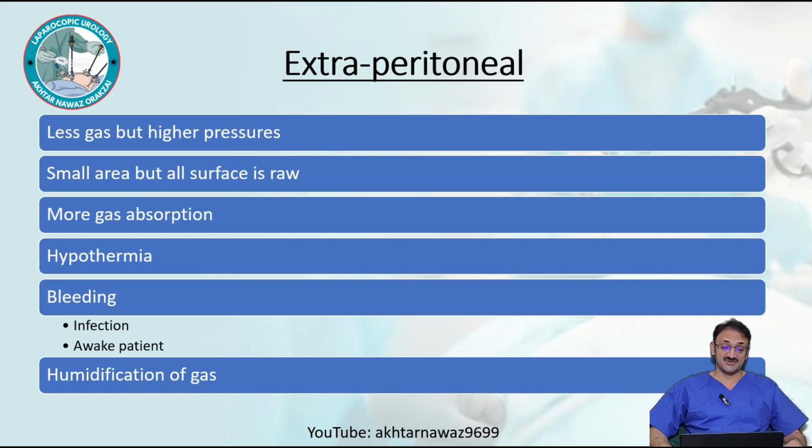So this more absorption of the gas can lead to hypothermia, and this hypothermia can lead to increased infections, increased risk of bleeding, as well as the patient can at times feel that he was awake. So humidification of the gas is the solution for all this, to avoid hypothermia.